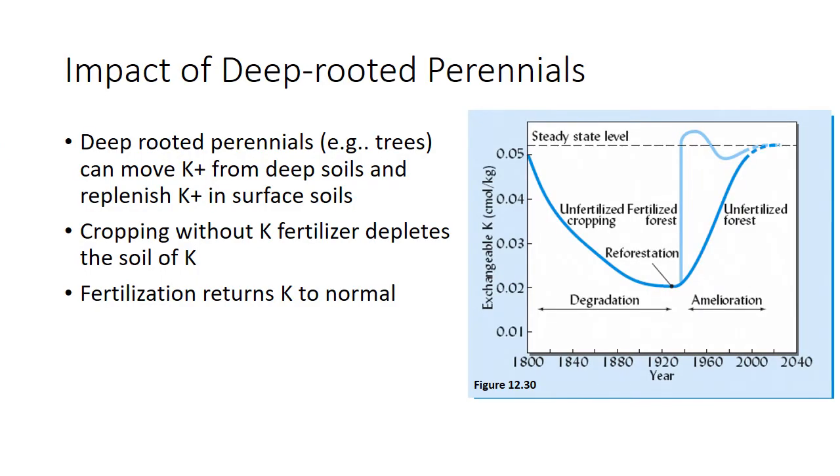All right, so one application of this mica weathering is shown in this figure. They had a long-term experiment where back in the 1800s, an area was deforested, and then it was used for cropping.